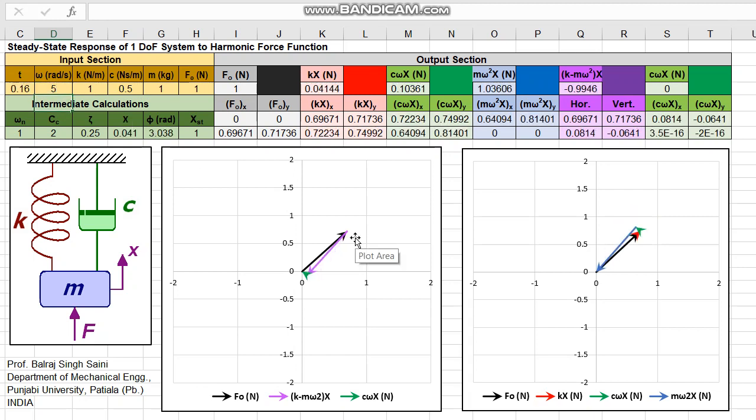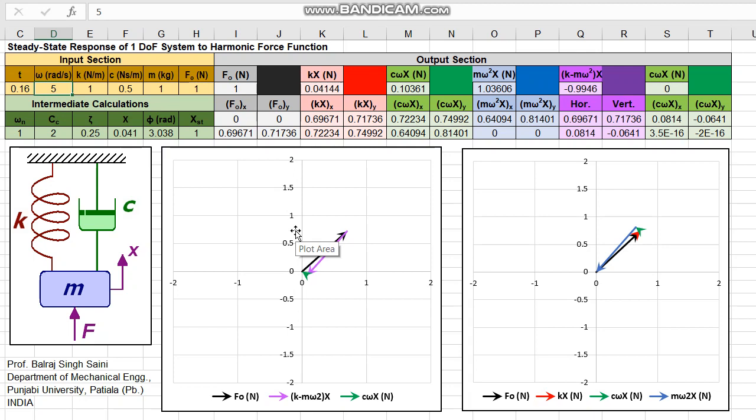I make it 5, and now you can see the direction in which it's leading. At very high imposed frequencies, this mass will simply refuse to budge from its place. So the components of forces shared by the spring or the dashpot become very, very negligible. So that is how it goes.